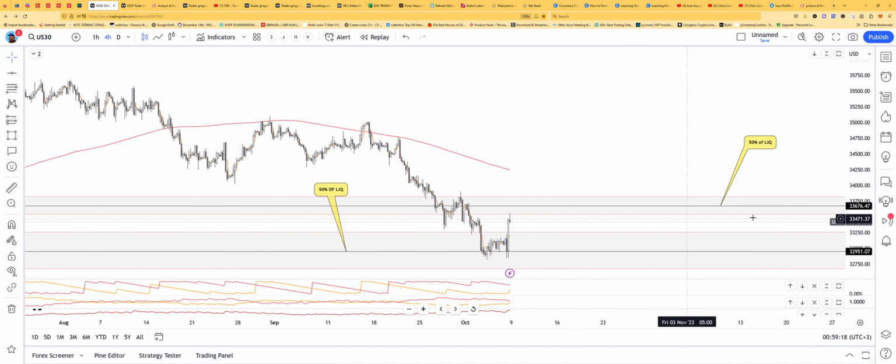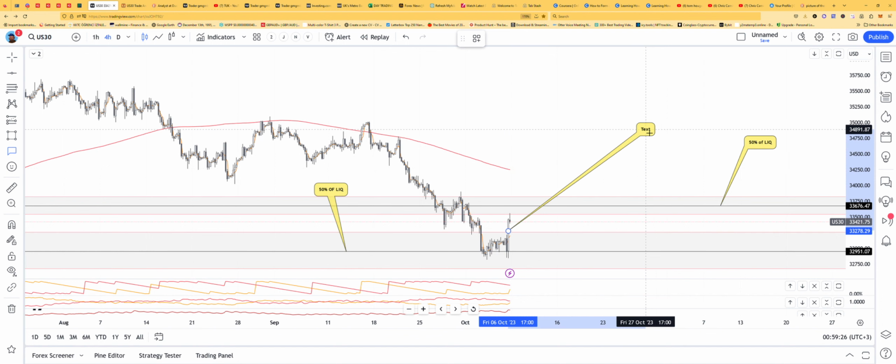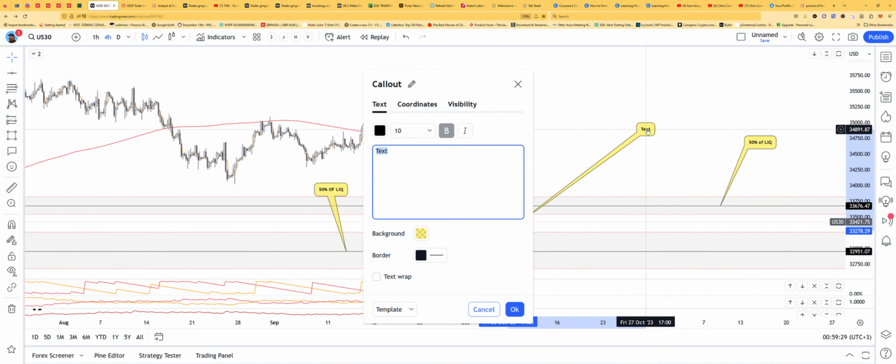Alright, so I have a 50% of liquidity right here. There's another 50% of liquidity right here. Expectation was the price to drop a little bit to cover this imbalance. Continue to pull back.